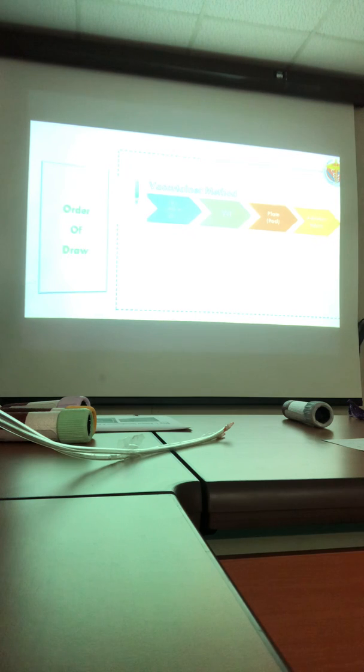I need one unit of anticoagulant to 9 units of blood. If it's overfilled, it will be concentrated. If it's underfilled, it will be a diluted sample and will give us a falsely elevated or falsely decreased level in the coagulation test. So this is the correct order of draw.